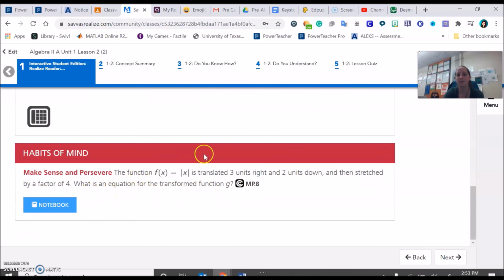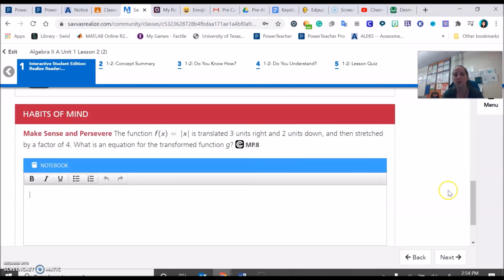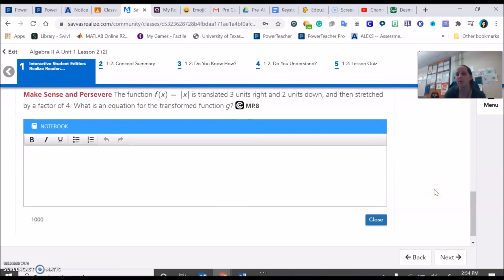Habits of mind, make sense and persevere. The function f of x equals the absolute value of x is translated 3 units right and 2 units down, and then stretched by a factor of 4. What's the equation for the transformed function g? Okay, so I'm translating 3 units to the right, 2 units down. Okay, so g of x equals the absolute value of x plus 3, no, x minus 3, sorry, okay, and 2 units down, minus 2.